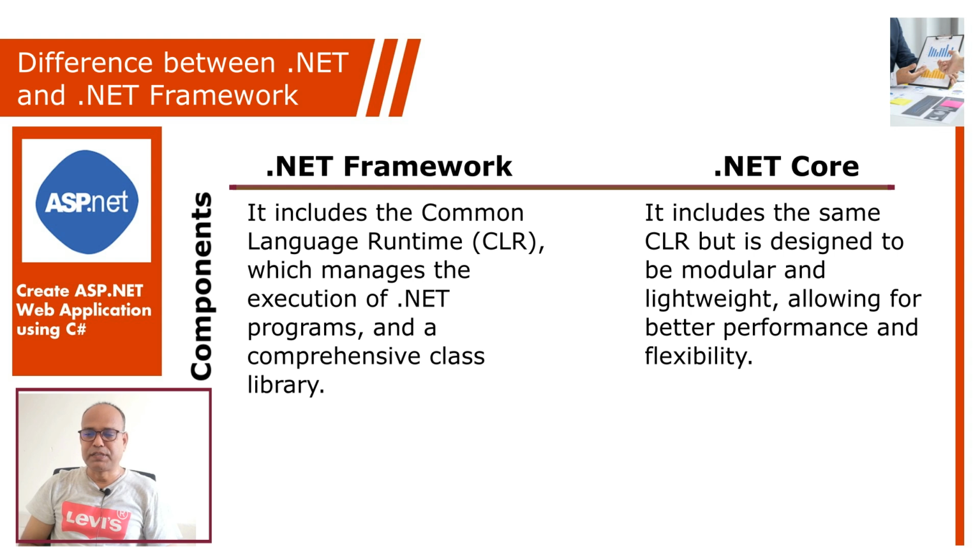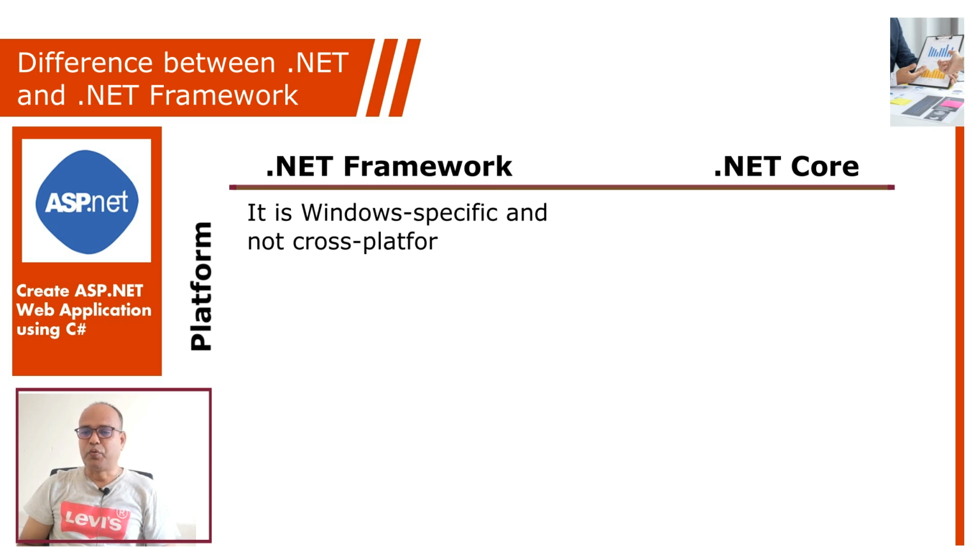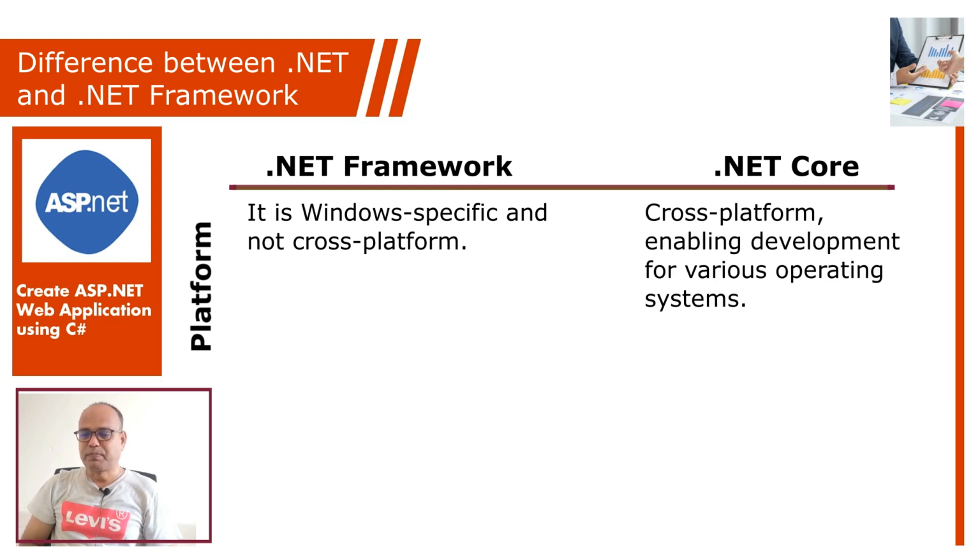It includes the same CLR but is designed to be modular and lightweight, allowing for better performance and flexibility. Platform for .NET Framework. It is Windows specific and not cross-platform. But .NET Core is cross-platform, enabling development for various operating systems.